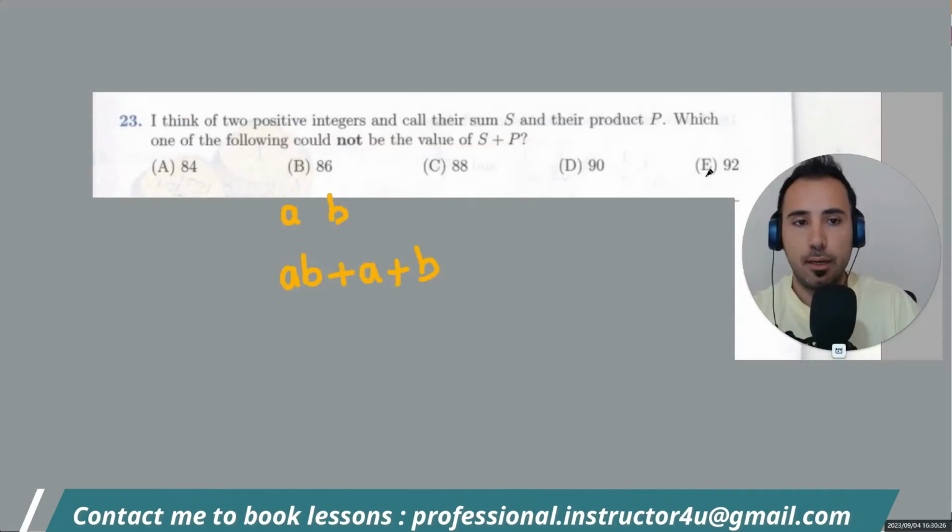Now when we look at the options, we see that all of them are even numbers, so no odd numbers are on the list. So we have 3 possibilities. Maybe both numbers are odd, one odd and one even, or both even. If this one is, for example, odd, plus another odd will be even. Two odd numbers multiplied becomes another odd.